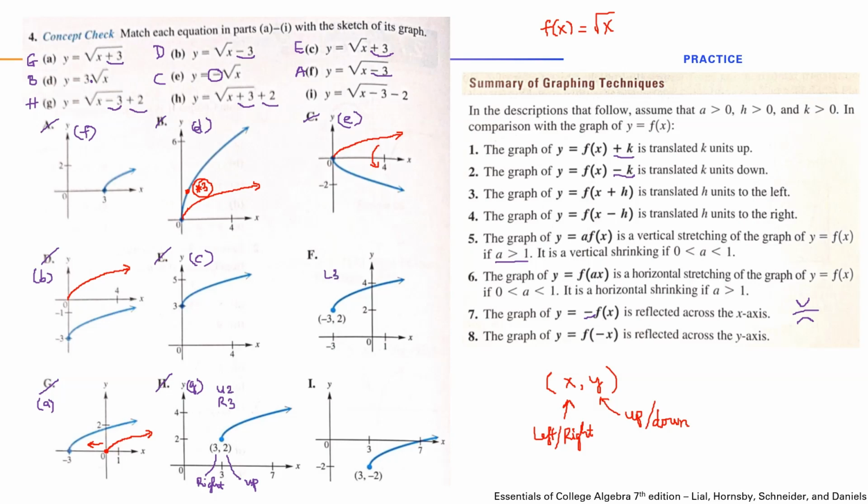Left 3, up 2, that is H. And I will be right 3, and then down 2.